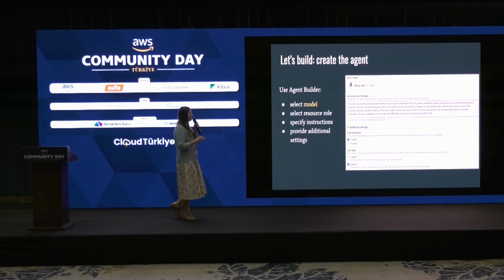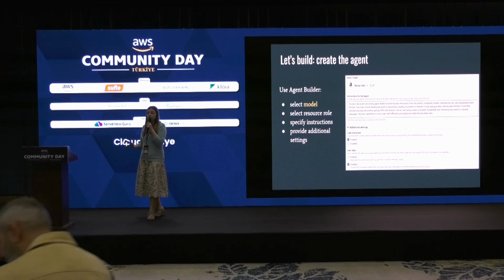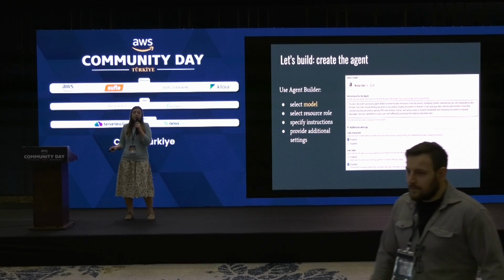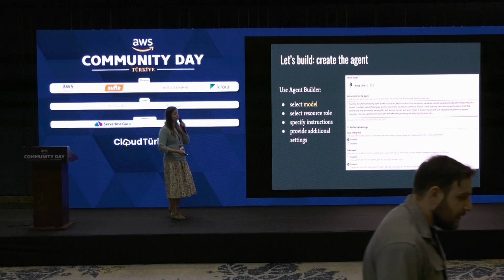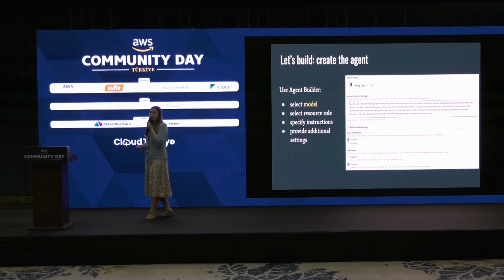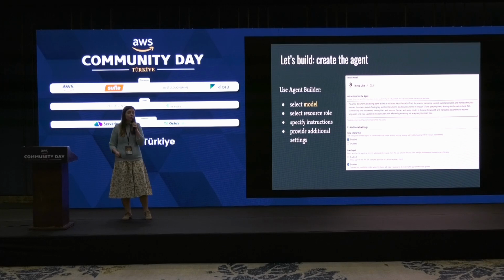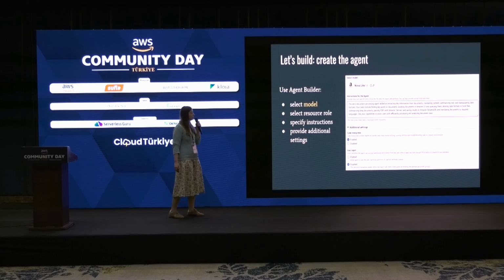And at this stage, maybe the most important part is to select the model. You're just selecting the model, and you don't even need to check that you have access to this model, because, simply speaking, these models won't be available to you if you don't have access. So you need to enable access beforehand.